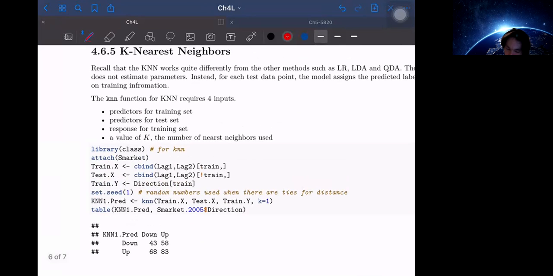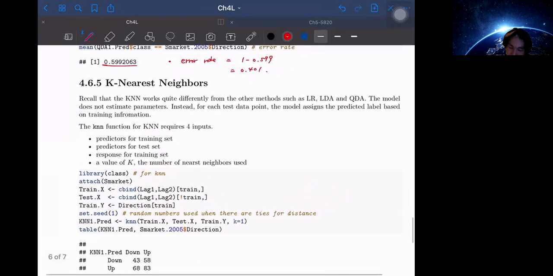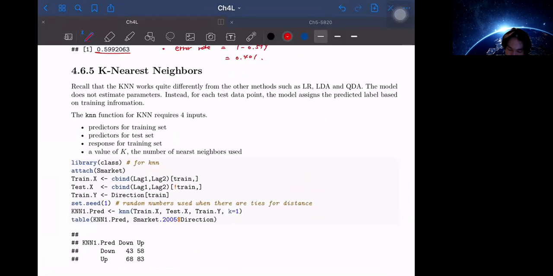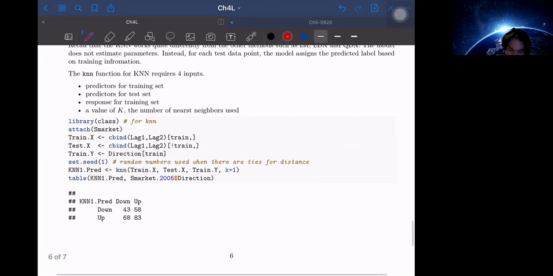And the nearest neighborhood method. We have even less output for this method. KNN is a more prediction-oriented method, so less theory behind it and more numerical, more data-oriented. For KNN we use the library class, since this is basically a classification problem.